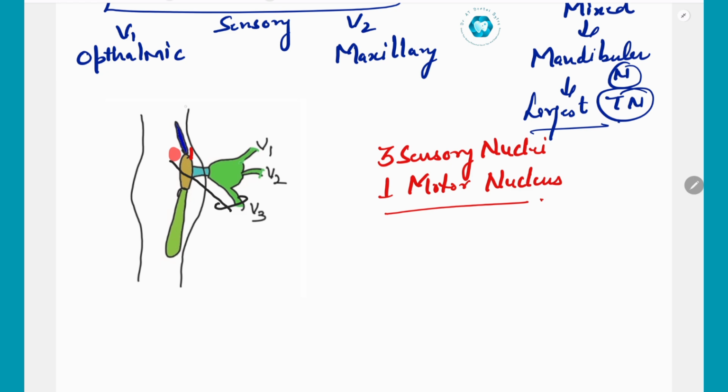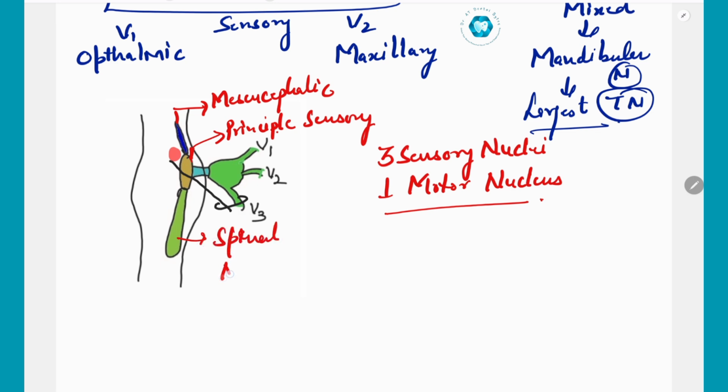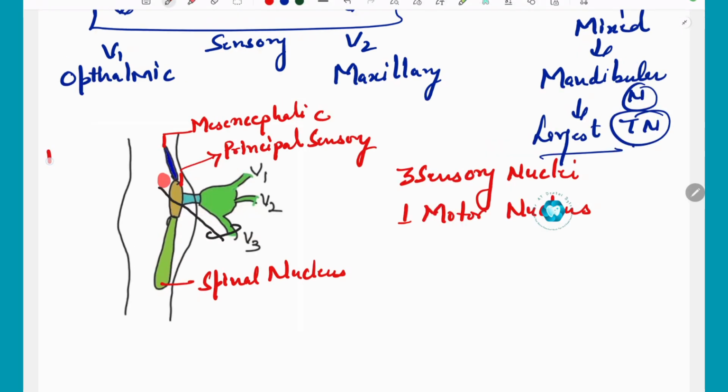The three sensory nuclei are the mesencephalic, the principal sensory, and the spinal nucleus. This is midbrain, this is pons, and this one is the medulla.